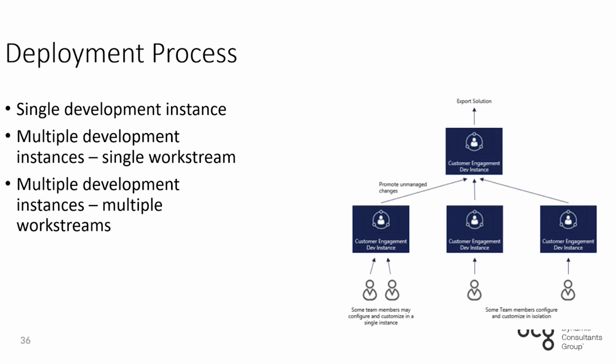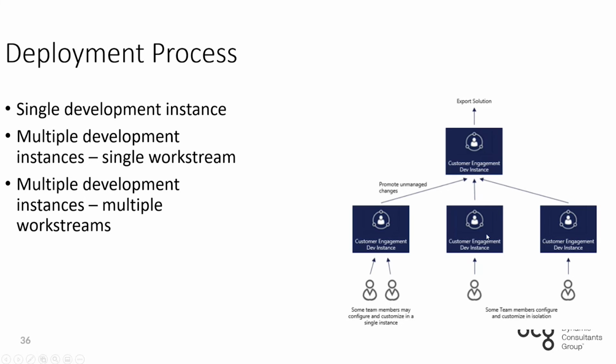With a single development instance, your deployment process goes from dev to test to prod. With multiple development instances, so I have some team members working in one instance, another team member working in another instance, and another instance, they could export from their instance and import to a centralized dev instance, right?